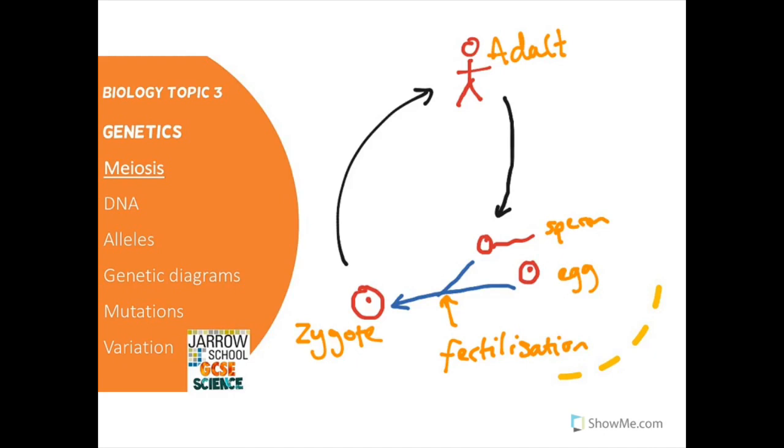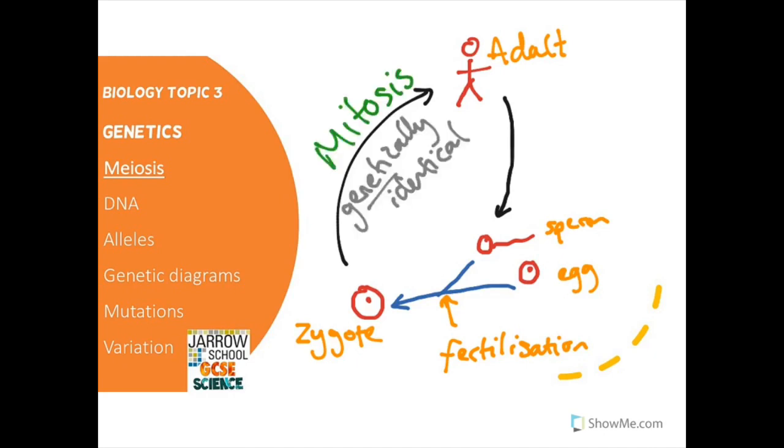So the zygote, the fact that that's split into 2 cells and 4 cells, them splitting, that's called mitosis. So mitosis is covered in B2, but mitosis makes cells that are genetically identical. The DNA in them cells is exactly the same.